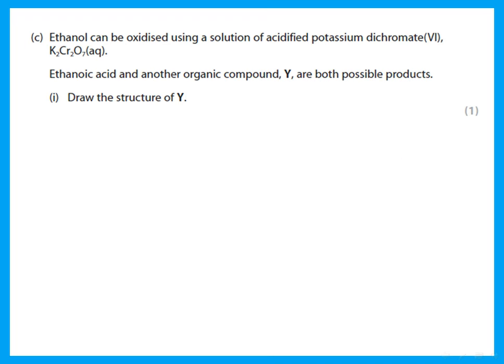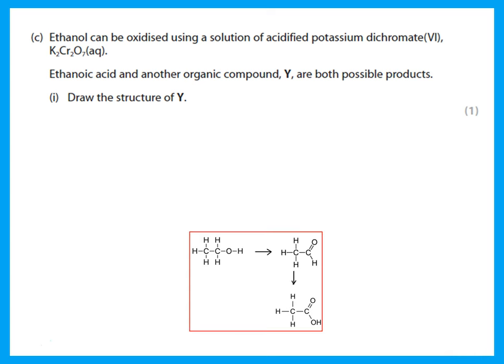Ethanol can be oxidized using a solution of acidified potassium dichromate. Now, ethanoic acid and another organic compound are possible products. If I have ethanol and we oxidize it using a solution of acidified potassium dichromate, what are the possible products?